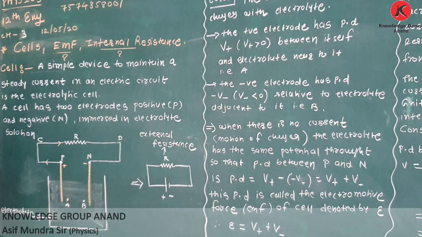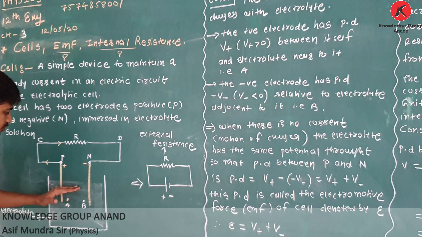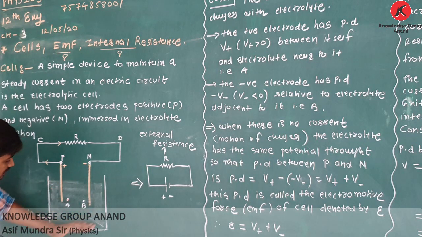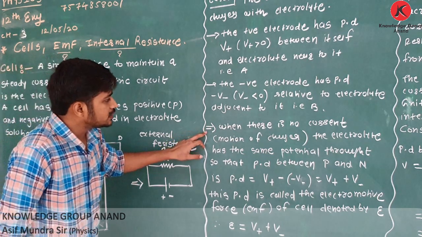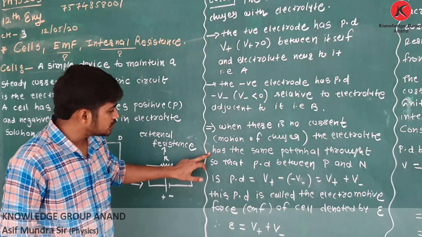Current is not flowing through the circuit. In this case, current is not flowing through the electrolyte. Current flows when there is a potential difference, from higher potential to lower potential. Current is not flowing means throughout this electrolyte the potential is constant. So when there is no current, no motion of charges, the electrolyte has the same potential throughout.